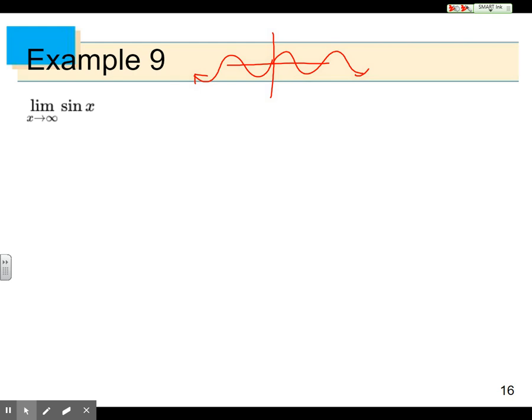So think about what this is going to eventually get to as x gets closer and closer to infinity. It doesn't stop. It just goes -1 to +1 over and over again. So since it does not approach a unique number, we can safely say the limit does not exist.